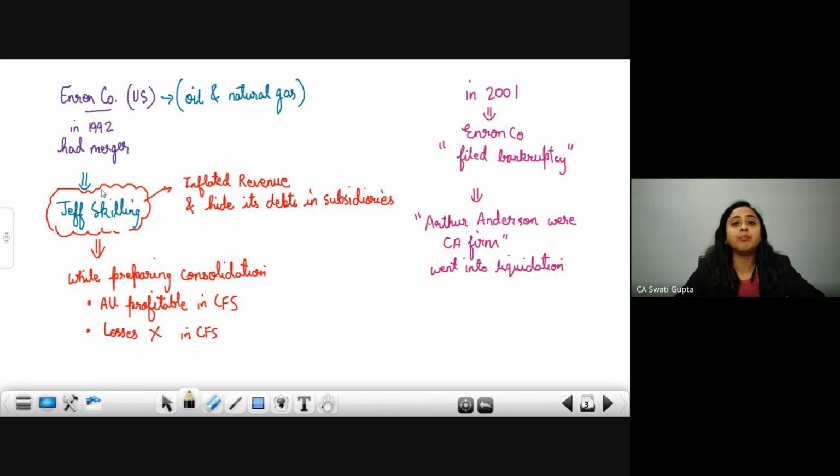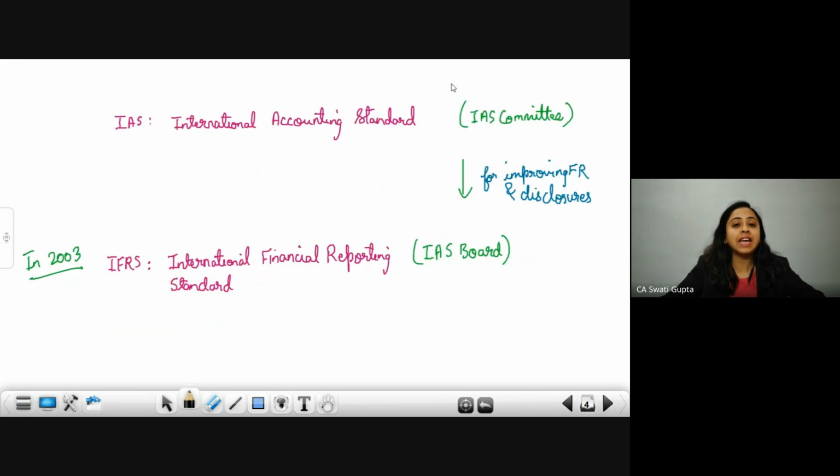We needed to improve. Earlier, IAS, International Accounting Standards, were in application. They were given by the IASC. Later, we felt that it is not sufficient. It is not giving the right picture.